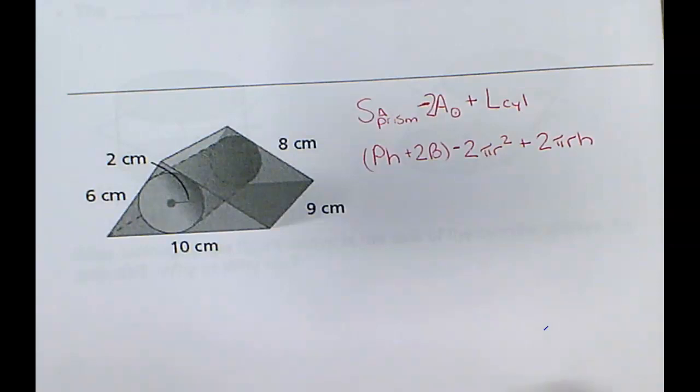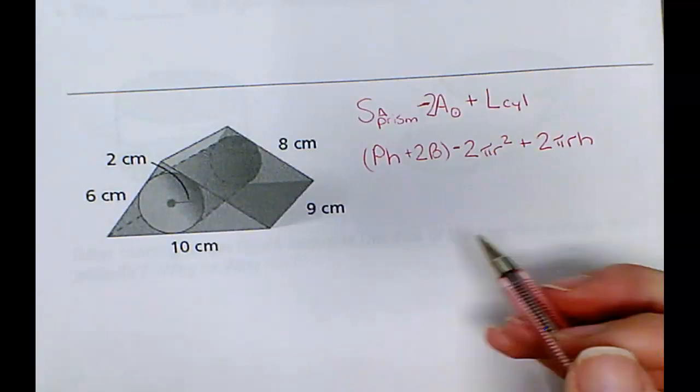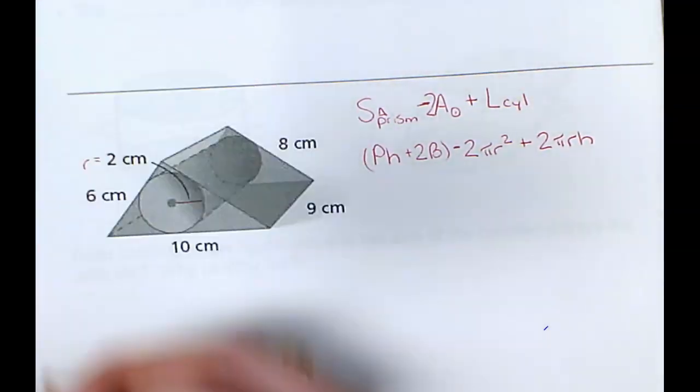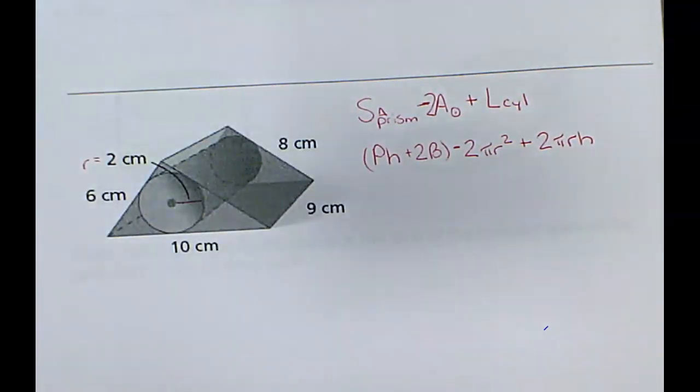So we have a lot of pieces here. Let's start out with this piece right here, this 2 centimeters, that's the radius. So I'm going to insert the radius everywhere that I have the r.